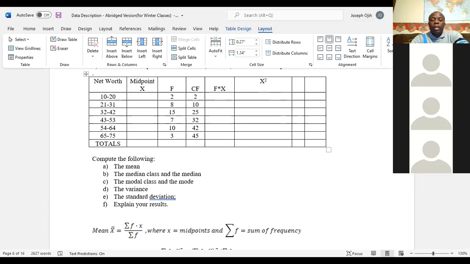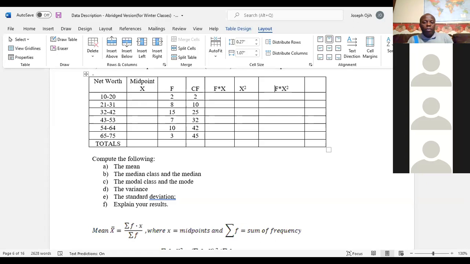And that we need to get as well. Okay. Now we also need to get f times x squared. This will help us to get the variance and standard deviation. Okay. So these are all we need to get.